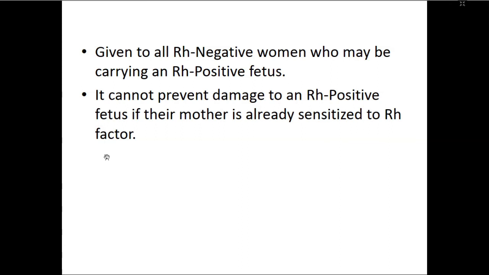But this Rh immune globulin cannot destroy those circulating antibodies, but it can block the pathway from which the anti-Rh antibodies are produced. Rh immune globulin should be given to an Rh negative woman to prevent sensitization.